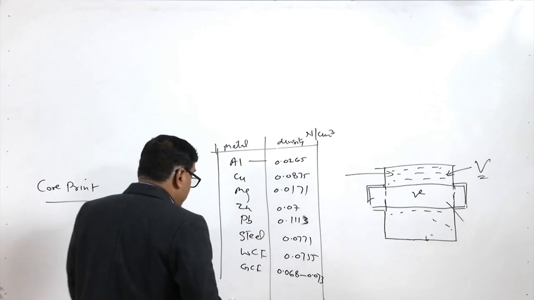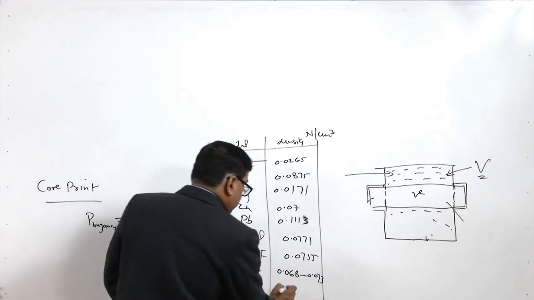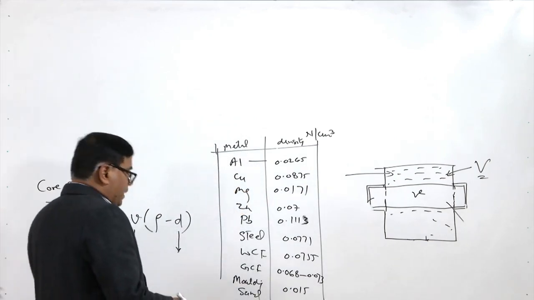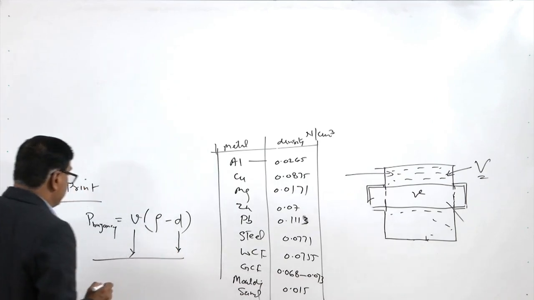For the molding sand, not the core sand, it is 0.015. This can be used for determining the magnitude of the buoyancy force.